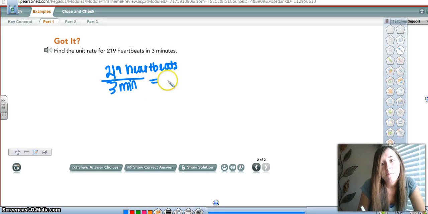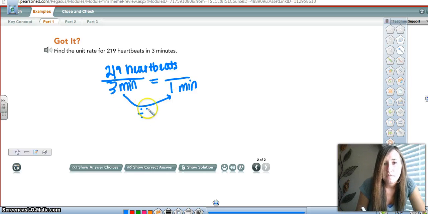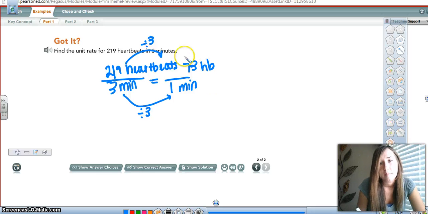If we want the unit rate, we want to know how much for 1 minute. So to get 3 to change into 1, we would divide by 3. So we would also divide 219 by 3. 3 goes into 21 7 times, and 3 goes into 9 3 times. So 73 heartbeats, I'll just abbreviate, per minute.